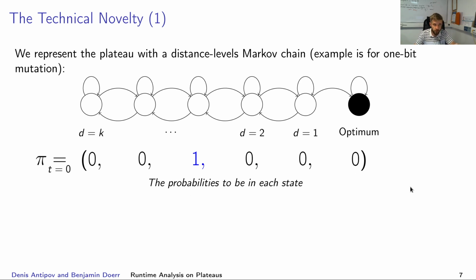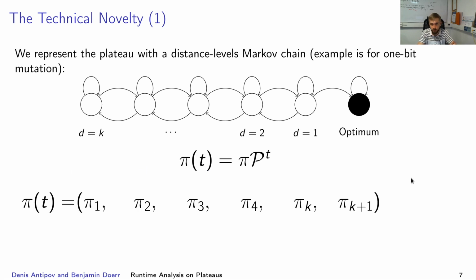We had some initial distribution pi, and then it changed through time. After t iterations, we had a distribution which equals pi multiplied by the transition matrix of this Markov chain t times. Then we note that the sum of the first k components of this distribution is the probability that we are still in the plateau, and thus this is the probability that the runtime is strictly greater than t.